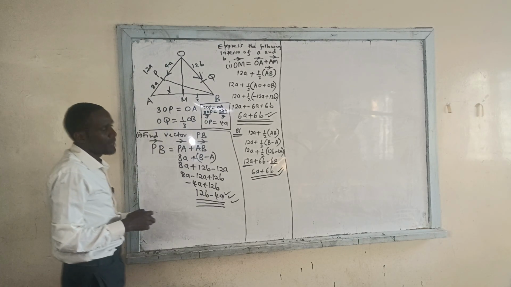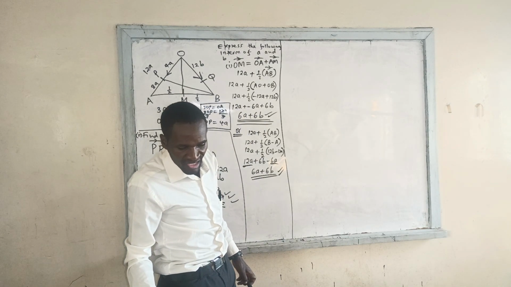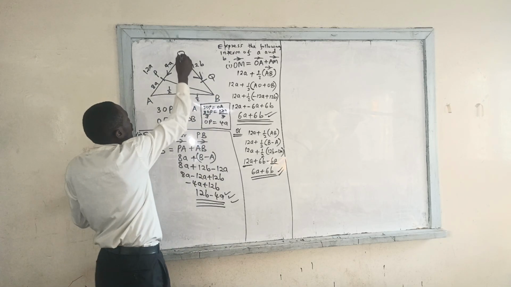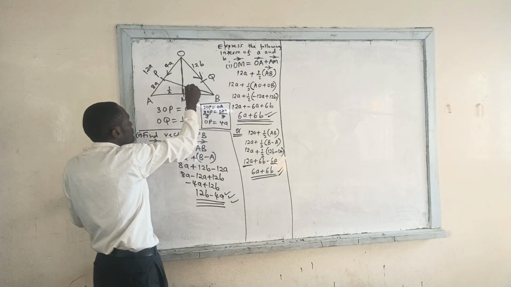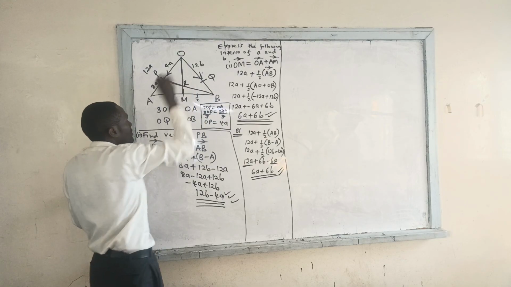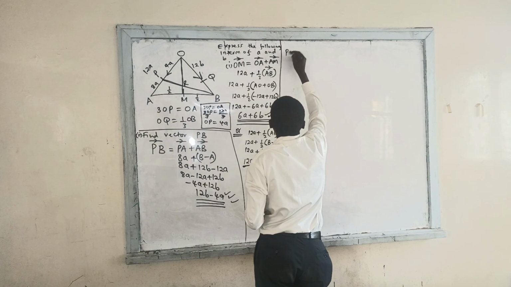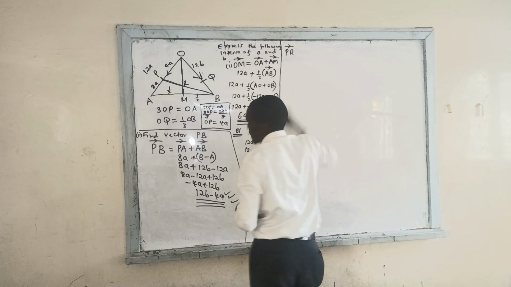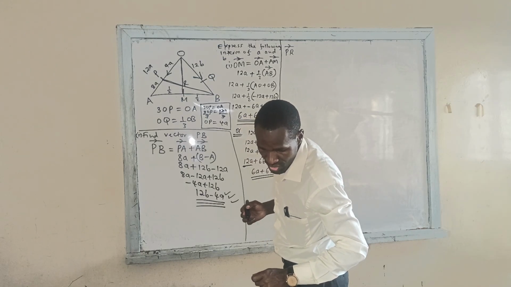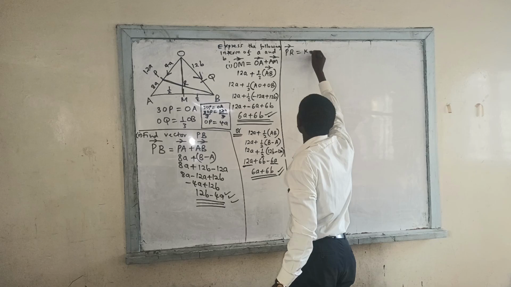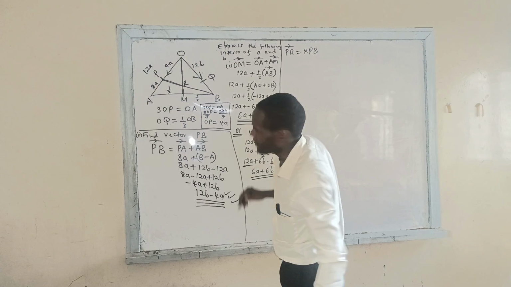That becomes our PB. The next part says, given further that OM and BP intersect at R. OM and BP intersect at R. Look at that. Such that PR is equal to KPB, and OR is equal to HOM.